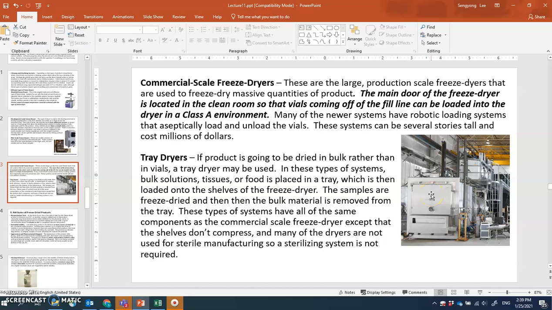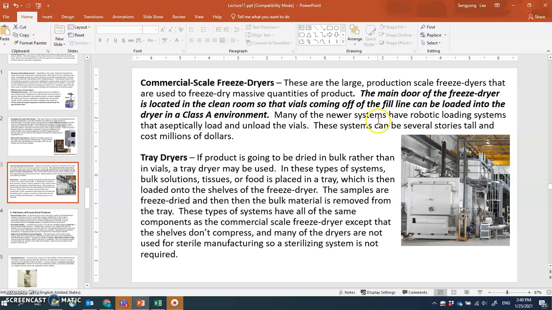Okay, maybe thousands and thousands of vials can be freeze dried together. Okay, so the main flow of the freeze dryer is associated with the clean room. Of course, it's done inside of them. So the vials come out from the filling line, in a very clean ISO 5, maybe 100, class A, grade A condition, and then are loaded into the dryer directly in the class A environment. Okay.